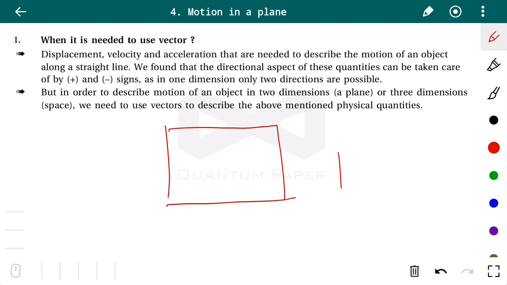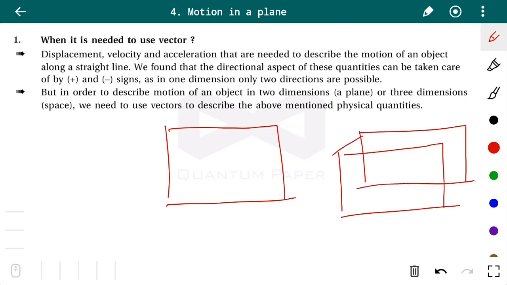But if you consider a box and a ball is thrown inside of it, then the object moves in space. It is said to be motion in space.